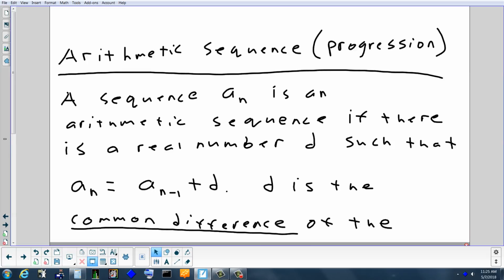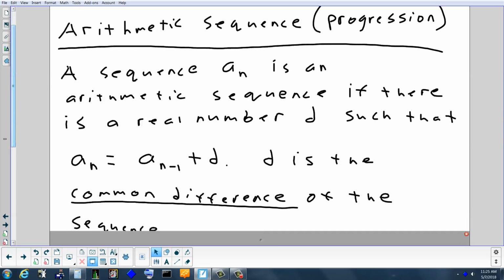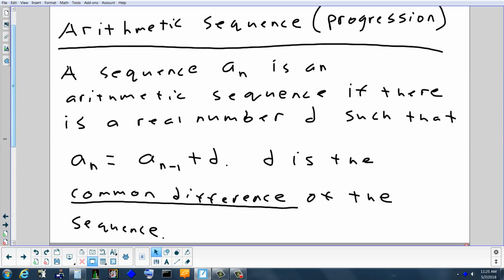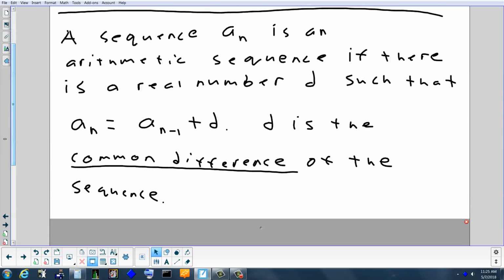Okay. And the number that you add each time is called the common difference of the sequence. And if you're thinking, well, wait, you're adding a number each time, why do you call it a difference? I'll show you. There's a sequence where I add 3 each time. All right, so let's look at that.